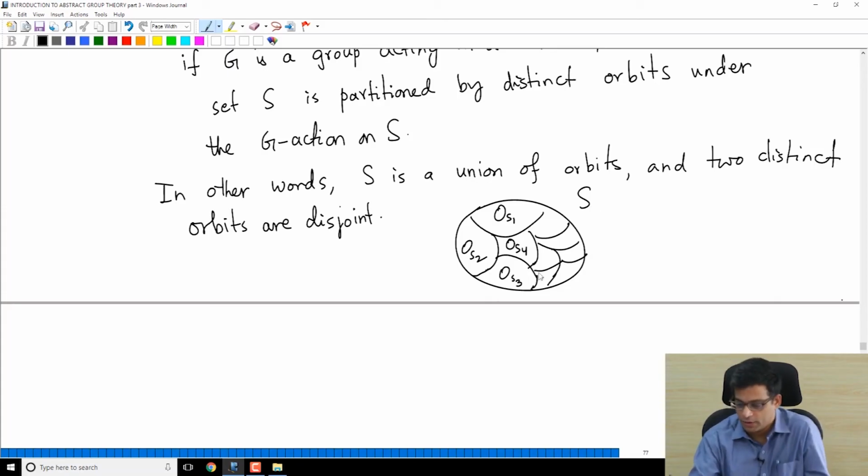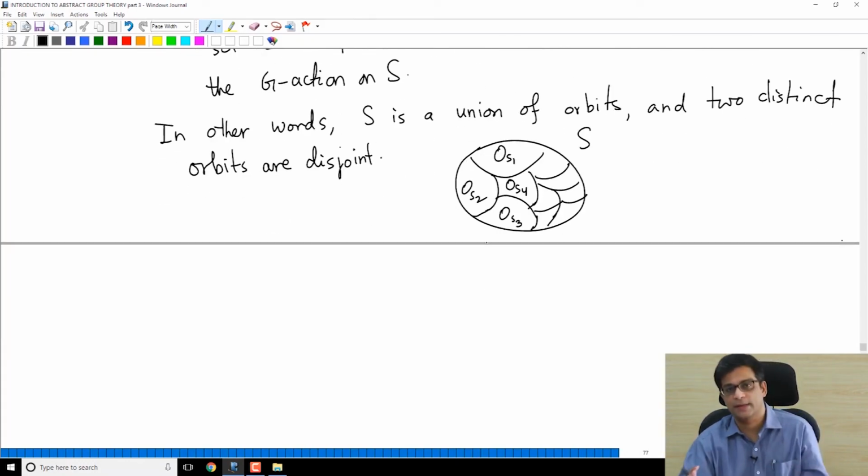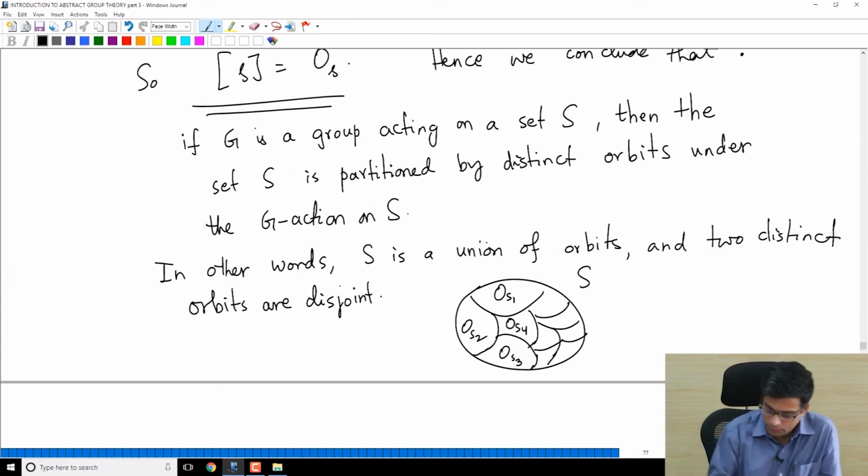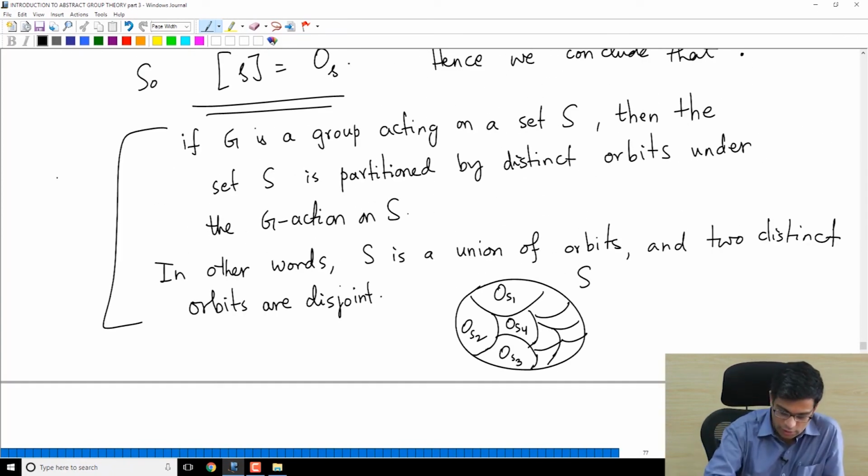The number of orbits may be infinite, but each individual piece in this partition is a single orbit and they have nothing in common. Two distinct orbits have nothing in common. This is the first important observation about group actions that we will exploit a lot. Okay, so this is an important fact. So this is an important observation.